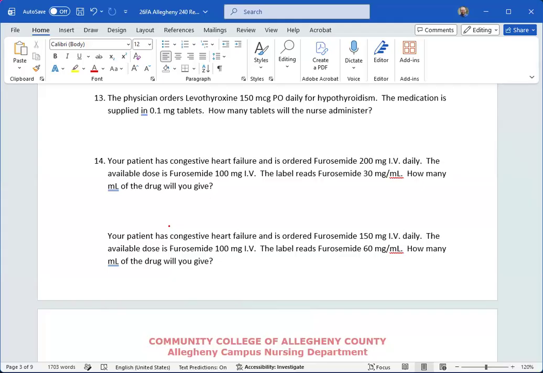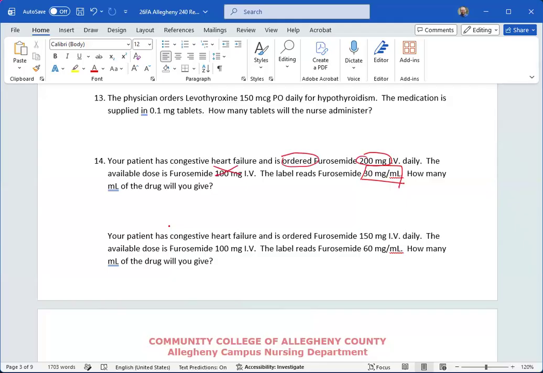All that's fine and good, but what I really want to pay attention to is what the label says. The label reads furosemide 30 milligrams per milliliter. So that's the piece of information that's important in addition to what was ordered, right? What was ordered was 200 milligrams, so we don't need to worry about the 100 milligrams.